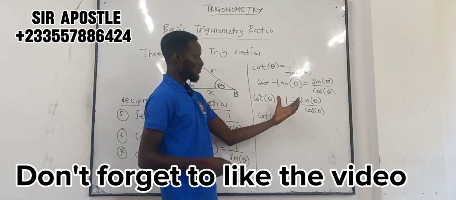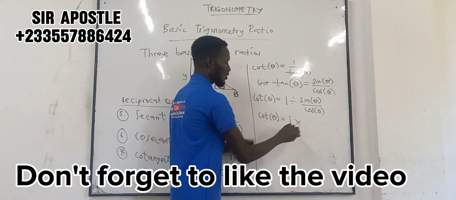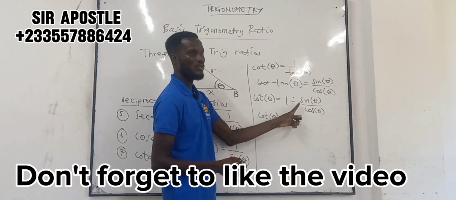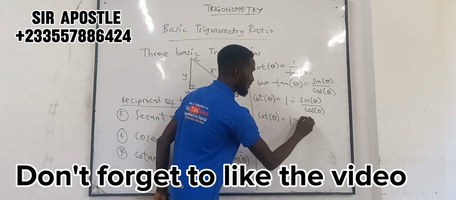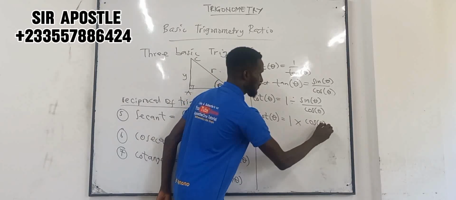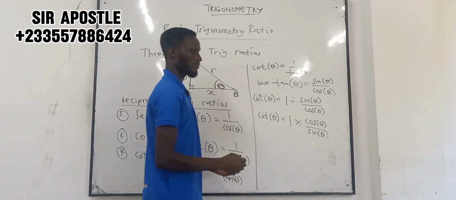So what are you going to do? We apply our mathematical operation. We have 1 times what? This division changes to multiplication. Then we reciprocate the second fraction. We turn this one upside down, to give us cos theta divided by sine theta.